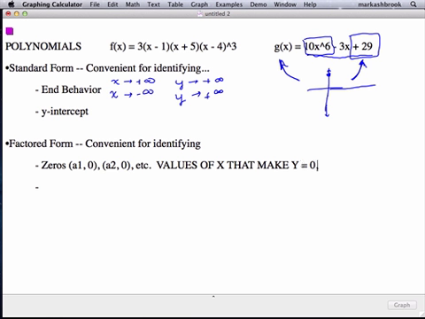The roots are then just the x values, a1, a2, etc. So it's just a very small distinction. When we talk about zeros, we're talking about the ordered pairs, the actual points on the graph. When we say roots, those are the x values. All right, and so like someone said, the zeros, on the graph, these are the x-intercepts.